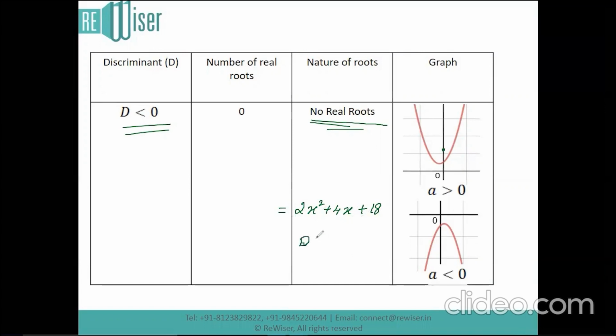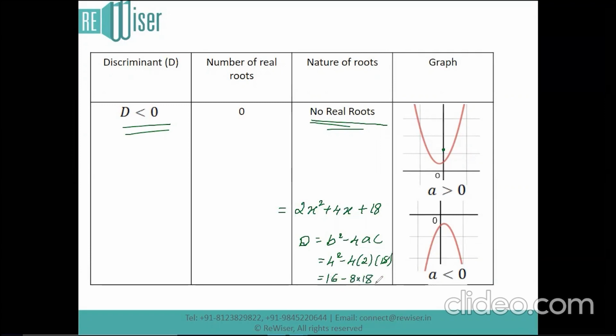The discriminant is b square minus 4ac. In place of b, I have 4. So it is 4 square minus 4 times 2 times 18. So 4 square is 16, minus 4 times 2, which is 8, and 8 times 18.